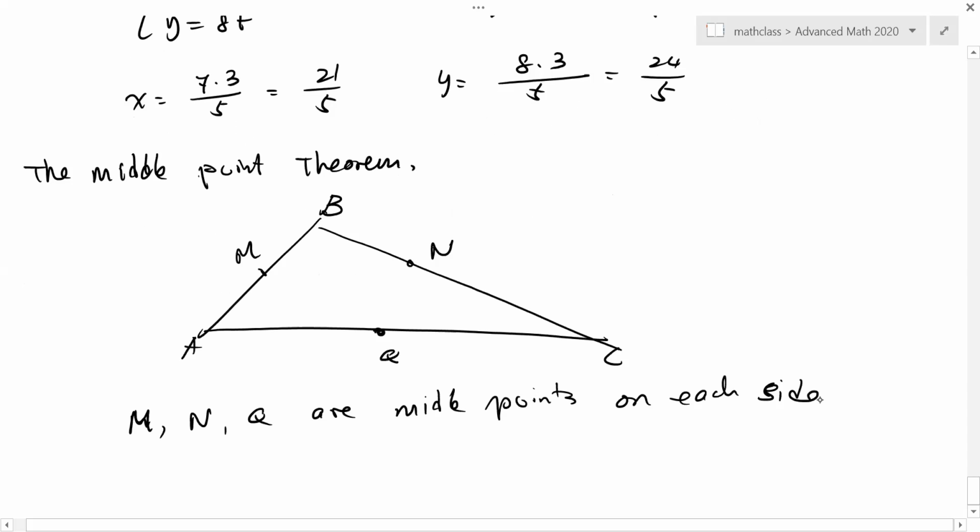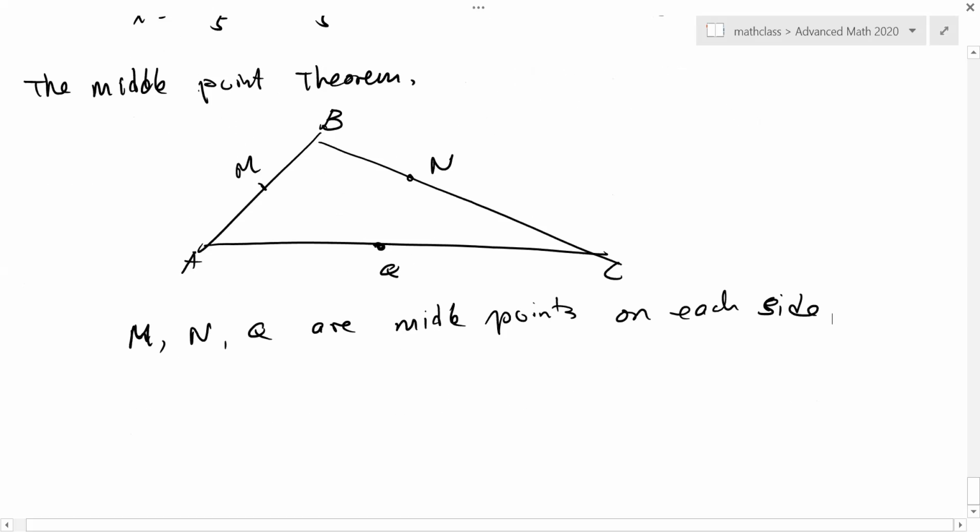If we connect them, it's guaranteed that they pass through the same point.